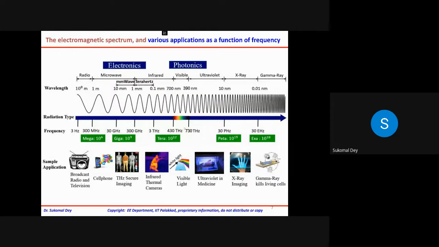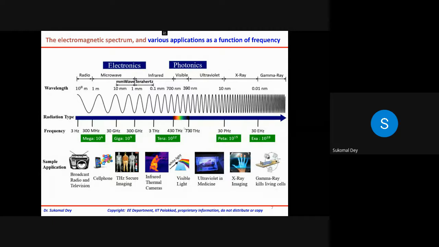Now, to begin with, whenever you are designing any kind of radio frequency device, the first thing is the frequency. Whenever we call it RF MEMS, the first term, RF, represents a frequency, a spectrum, an electromagnetic spectrum.